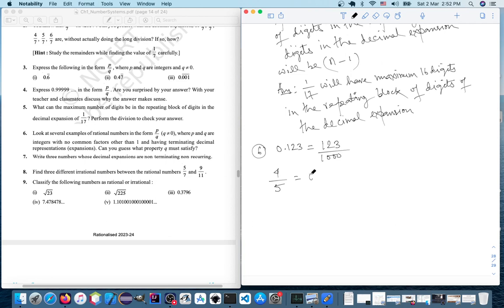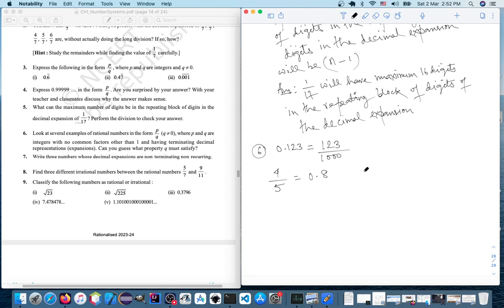This is 0.8. 0.8 has a terminating decimal expansion, which is 4 by 5. So we have 5 as q, and over here 4 by 5.